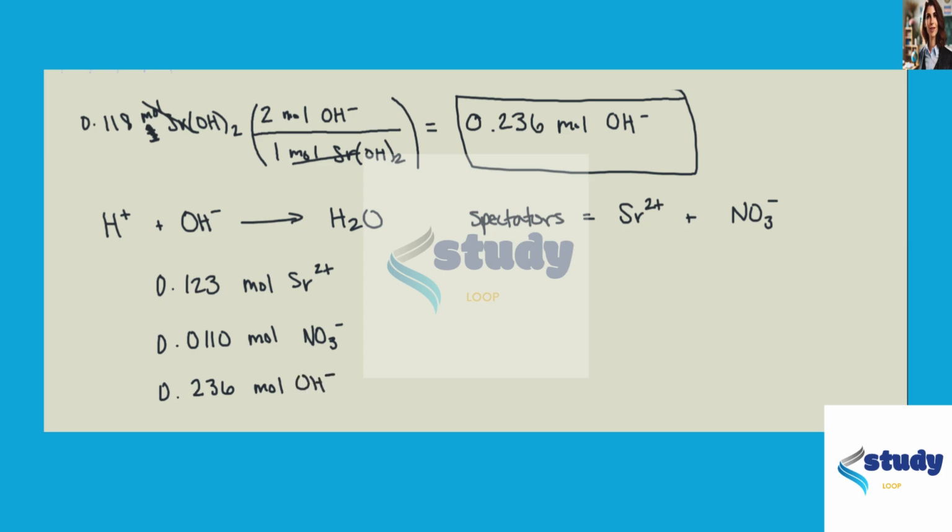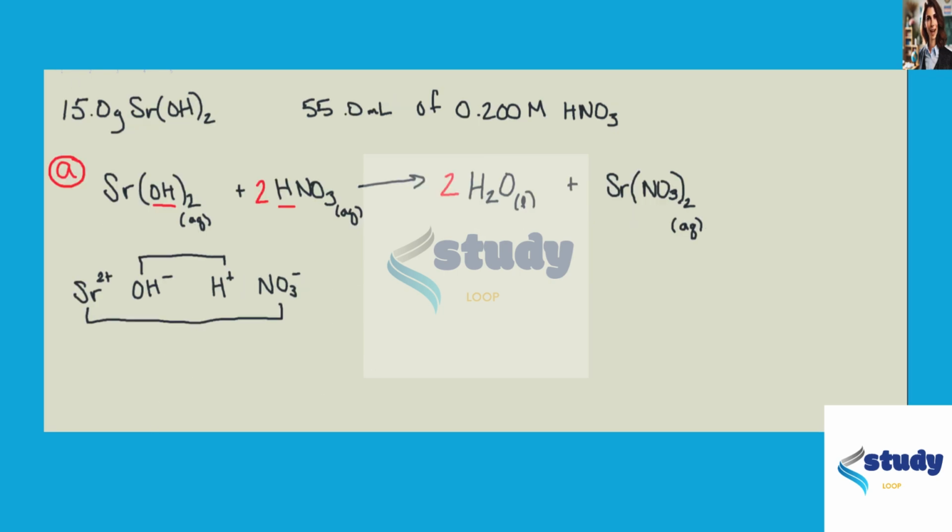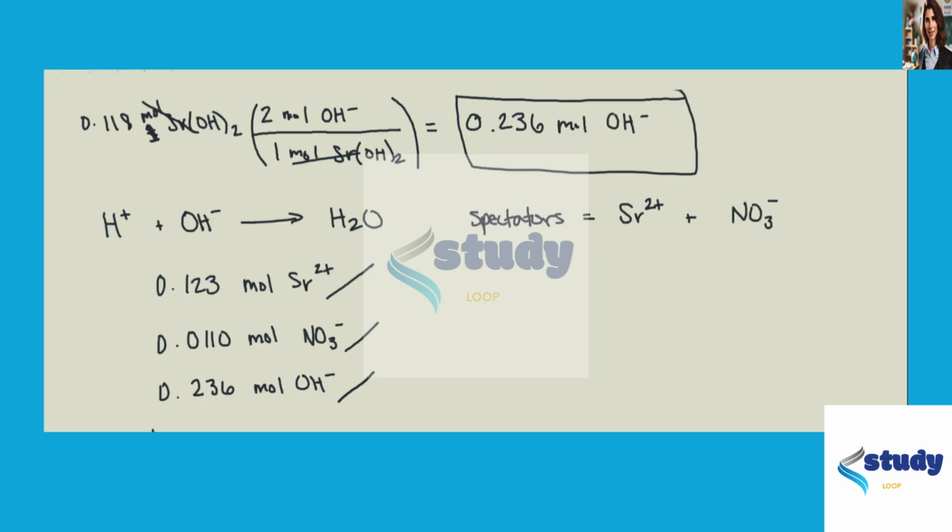We're asked to find the concentration of these ions, not the number of moles. Concentration is molarity, which is equal to the number of moles per liter. So I'm going to take each of these and divide by the volume of this solution, which if we take a look back at the beginning is 55 milliliters. However, this has to be in liters because it's moles per liter.